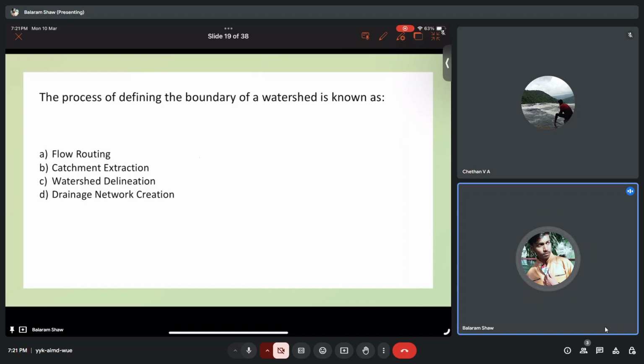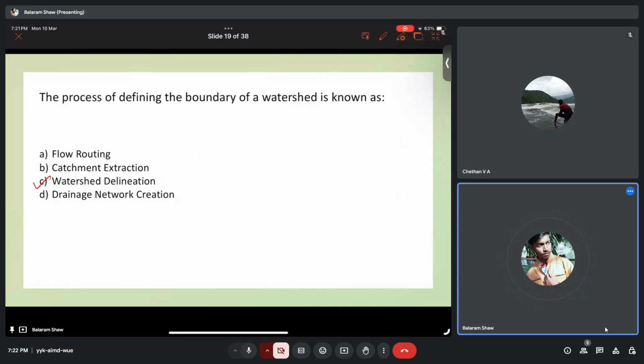The term delineation means that if you identify the boundary of a catchment or any region, we call that delineation. So identifying the watershed divide or watershed boundary, whatever you call it, if we find the boundary of one watershed, we call that process watershed delineation, right? So the process of defining the boundary of a watershed is known as watershed delineation.